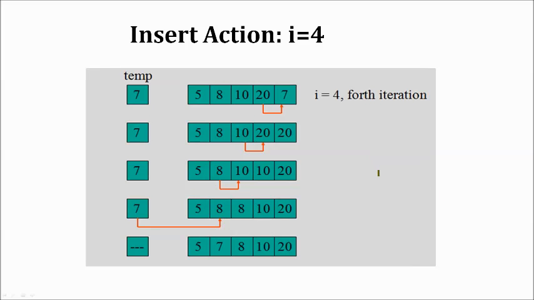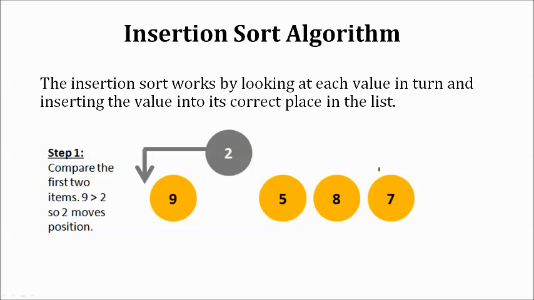So let's move on to the next slide. Again, it's just another example of the insertion sort algorithm. Let's compare the first two items, which are 9 and 2. Is 9 greater than 2?